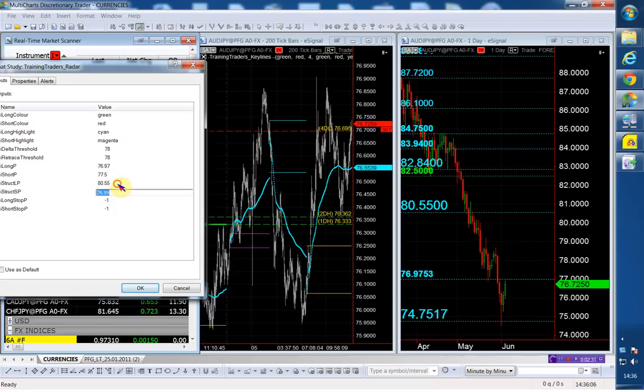It is our structural long point, and of course it's going to be our stop. Okay, that's from the long side.